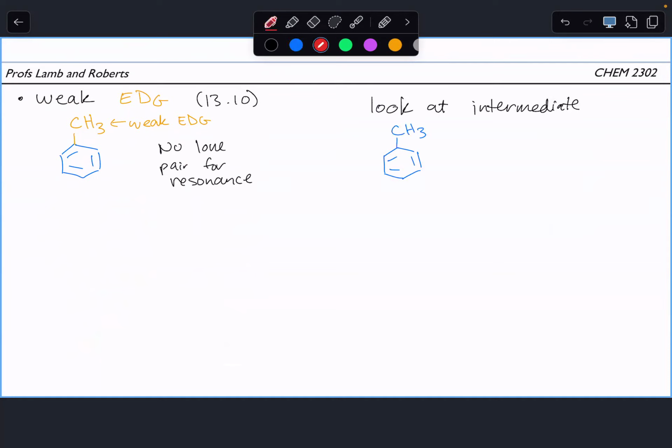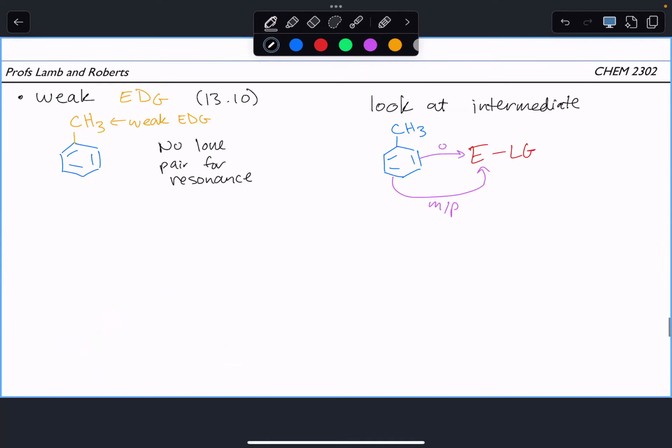So when we do the first step of the mechanism, excuse me, we could either have ortho, meta, or para attachment of that electrophile. And so in order to rationalize this, we need to draw resonance structures for the intermediate for all of them.